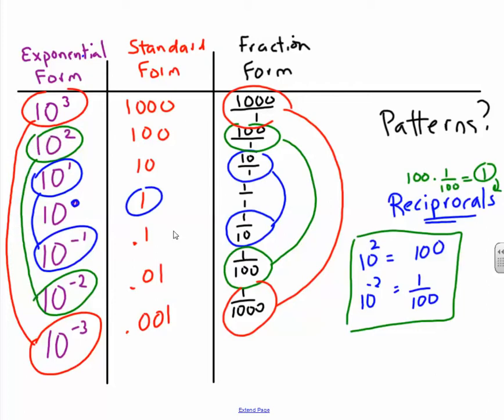So if 10 squared is 100 over 1, 10 to the power of negative 2 is 1 over 100. 10 to the power of 1 is the reciprocal of 10 to the power of negative 1. 10 over 1 flipped upside down is 1 over 10. If I multiply these two, I get 1. That's what reciprocals are. And the only thing I can multiply 1 by to get 1 is 1. So 1 and itself are reciprocals.